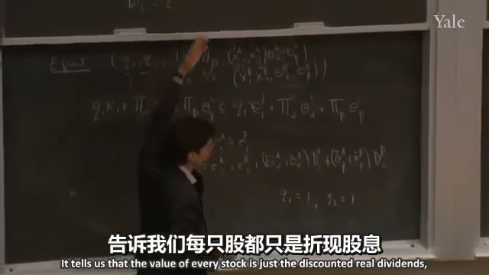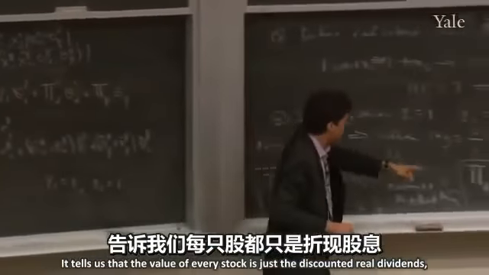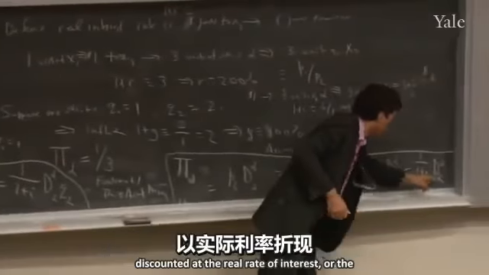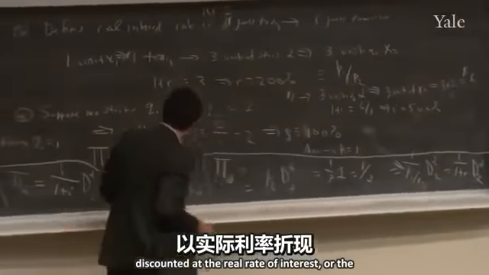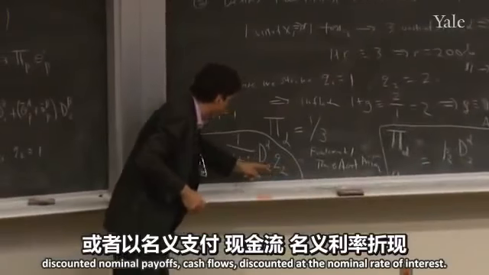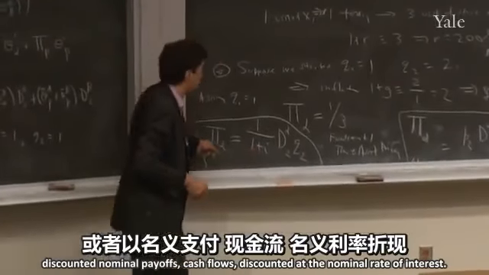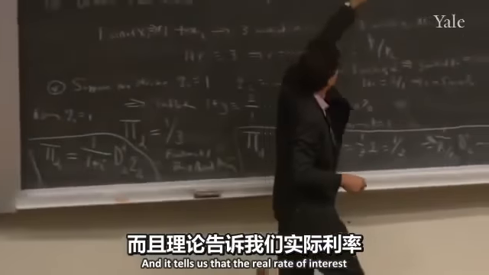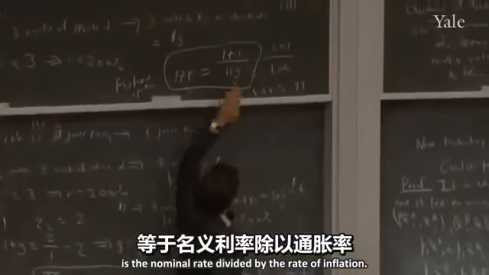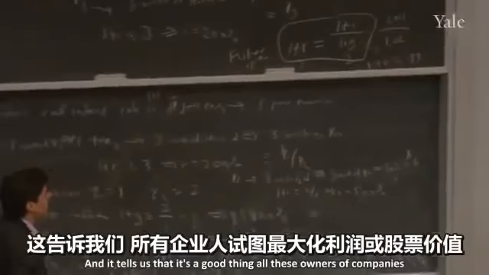It tells us that the value of every stock is just the discounted real dividends discounted at the real rate of interest, or the discounted nominal payoffs, cash flows, discounted at the nominal rate of interest. And it tells us that the real rate of interest is the nominal rate divided by the rate of inflation. Okay?